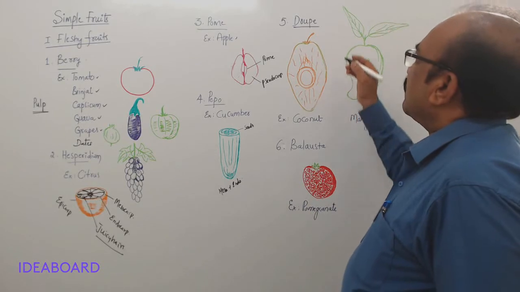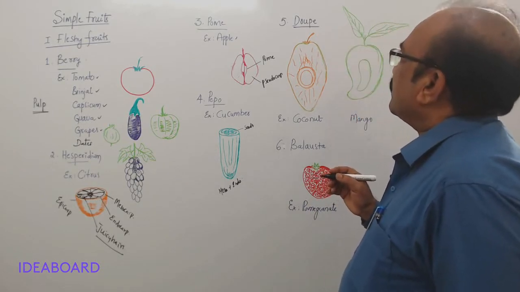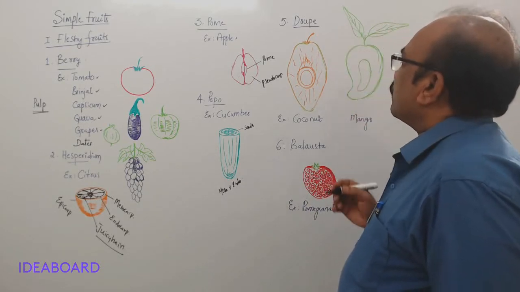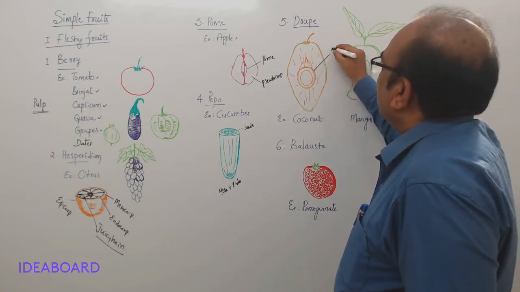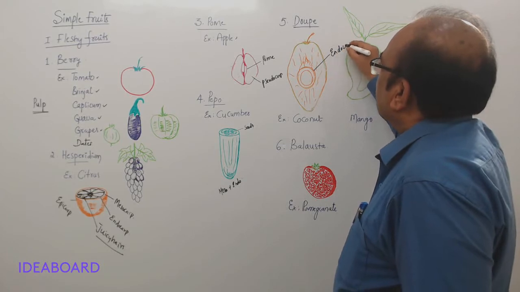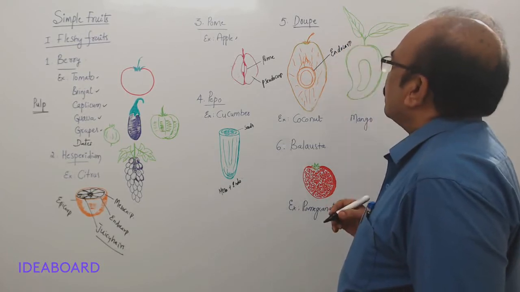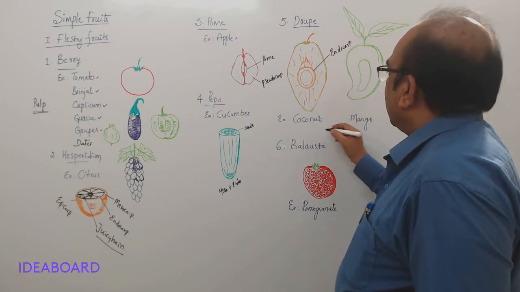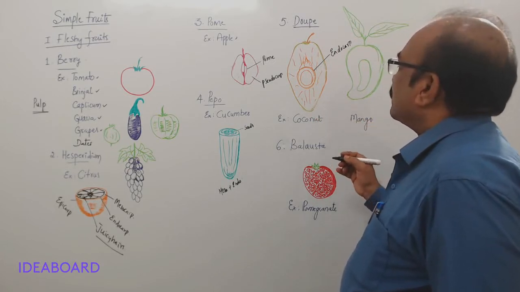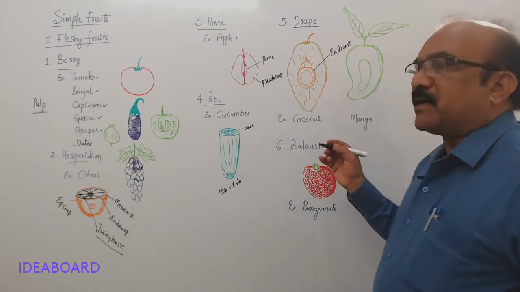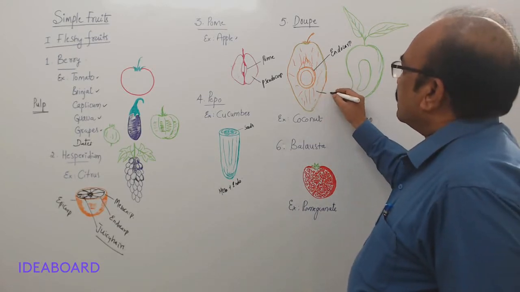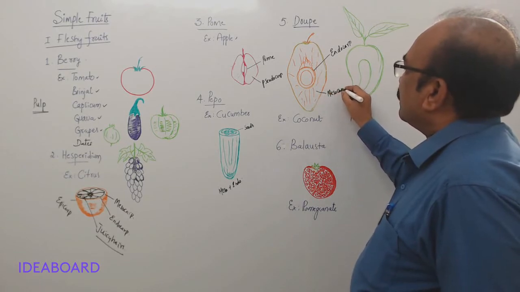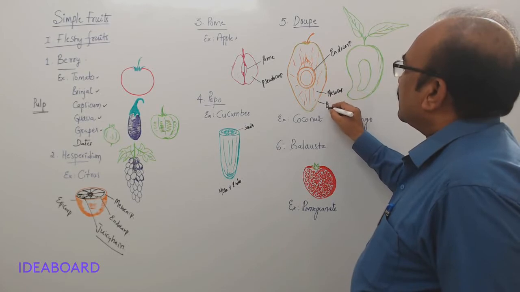Now let us see the fifth one, drupe. These are stone fruits because the endocarp is stony. If you take coconut and mango, the mesocarp and the epicarp have different natures. In coconut, the mesocarp is fibrous and the epicarp is leathery.